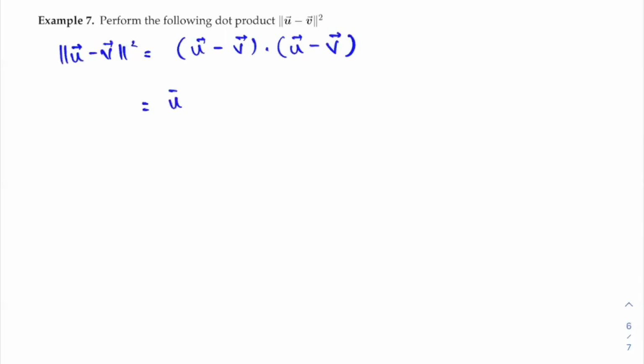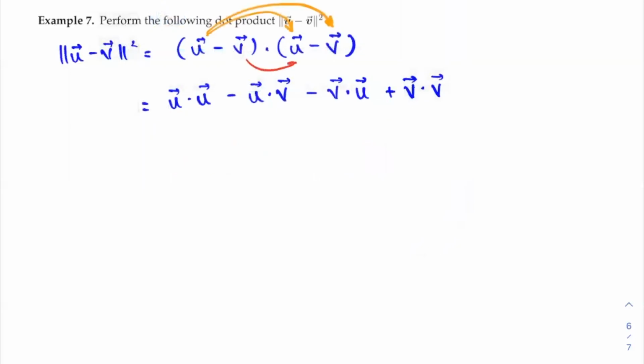I'm going to do u dot with u, minus u dot with v, minus v dot with u, plus v dot with itself. You also have to mind the sign, positive or negative.